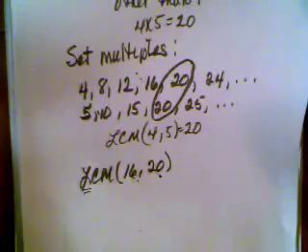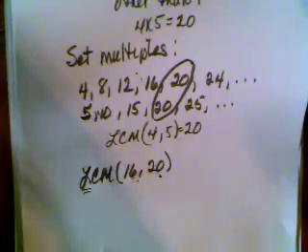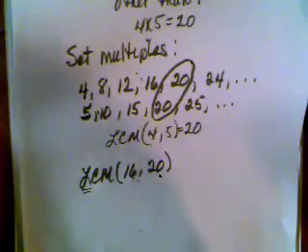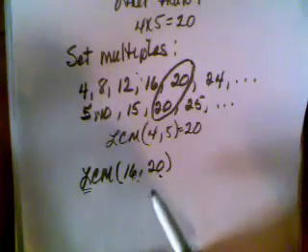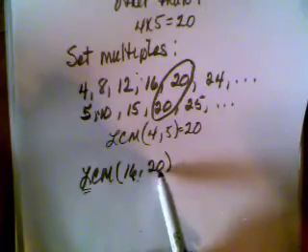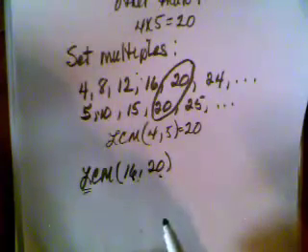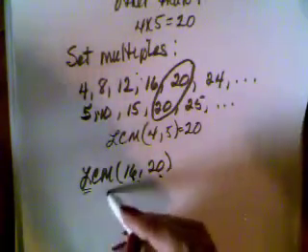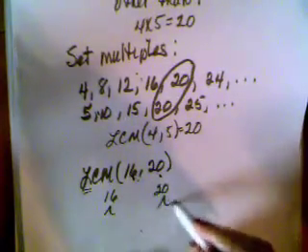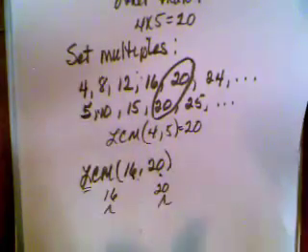You will get a number that they both will divide into, but you won't get the smallest number that they both divide into. So I would not want to count by 16s. Counting by 20s would be easy, but let's say that I do a prime factorization.